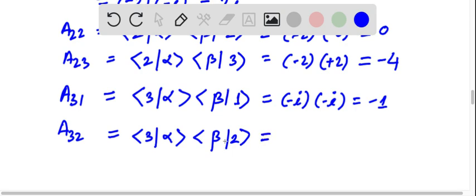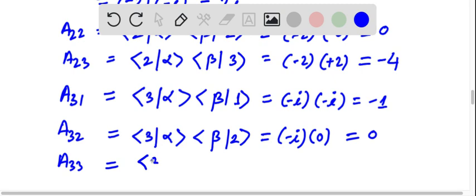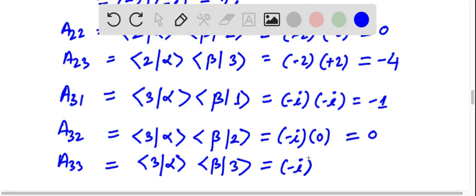Because this value is 0, it is minus i times 0, which is 0. Now A33 is equal to ⟨3|alpha⟩⟨beta|3⟩, which is minus i times 2, so it is minus 2i.